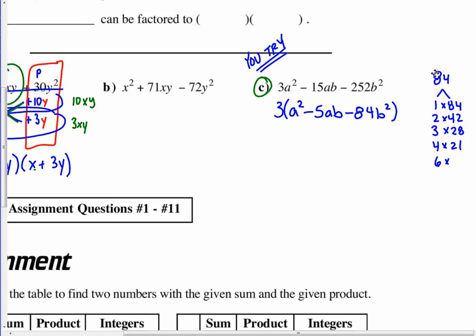So 6 times 14? 7 and 12? How about 8? 8 does not, you're right, because of 84. So we're done, because 9 won't, 10 won't, 11 won't, and we go back to 12. So any of those, can we make negative 5? 12. Yay.